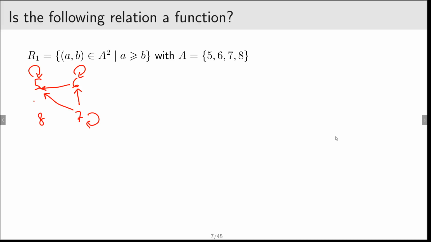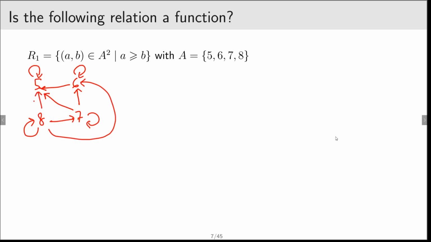For 8, you have a loop here because 8 is greater than or equal to 8. 8 is greater than 7, so you have this, and 8 is greater than 6, as well as 8 is greater than 5.